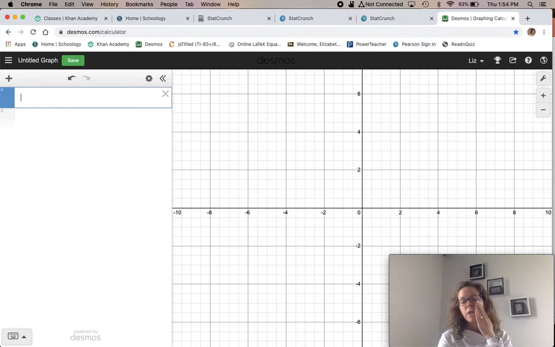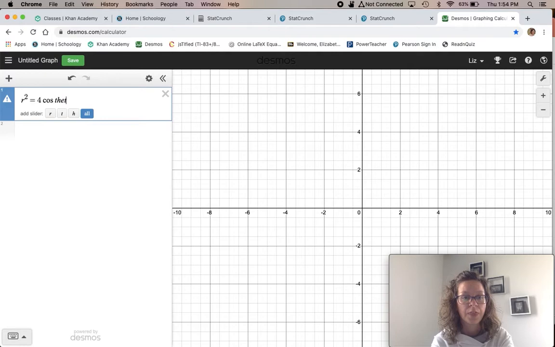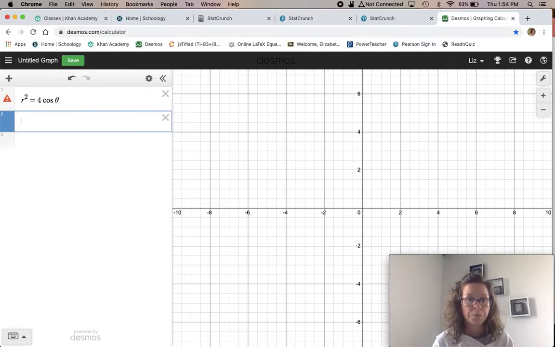Now, one thing about graphing polar equations in Desmos is that they have to be in linear r form. So our next equation that we're going to graph is r squared equals 4 cosine of theta. If I do that, I get this little warning sign, and it says they must be in linear r.